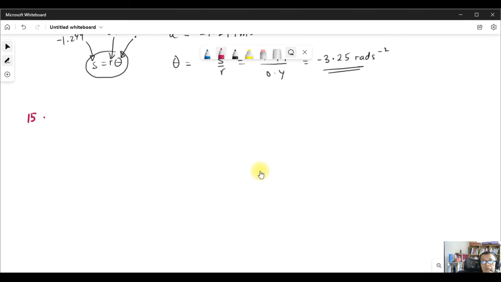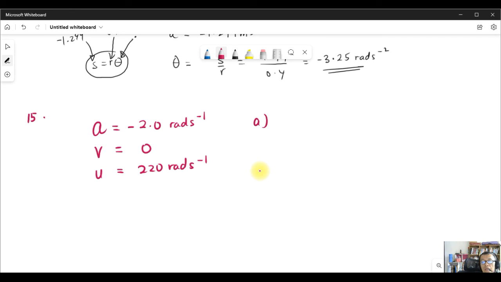Okay, so what do we have? A flywheel has a constant angular deceleration. So a equals negative 2.0 radian per second squared. Comes to a rest, final velocity is 0. Initial angular speed 220 radian per second.